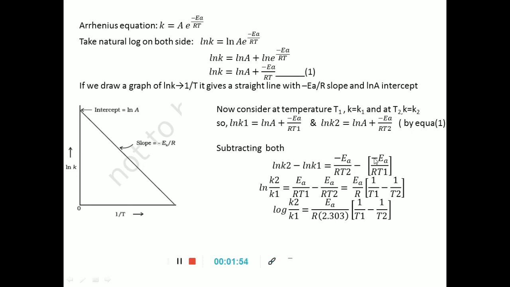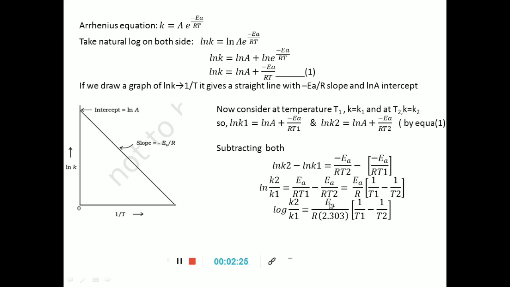Now these are in subtraction, so I can write these two values k2 and k1 in division: k2 by k1. Now convert ln into log, so we have to multiply by 2.303, which I have written on the other side of the equals sign in division. Now minus Ea by R is common in both.